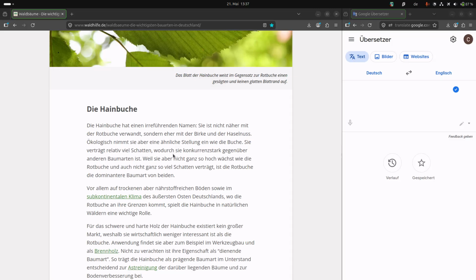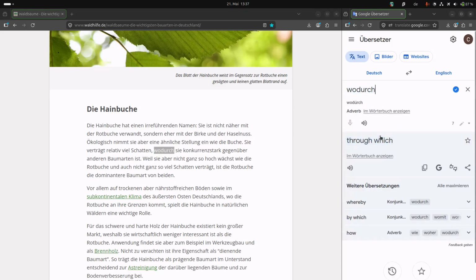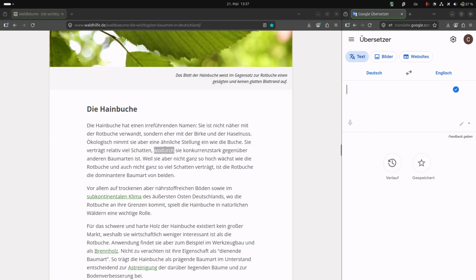Wodurch, with which, or through which you could say, by which maybe. So wo turns to welche, welcher, welches. So in German you would say where, which. In English you would say through which.